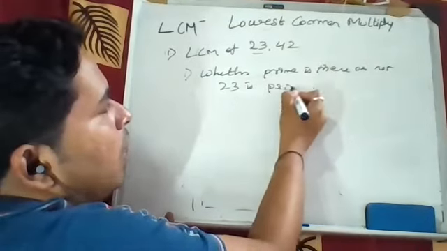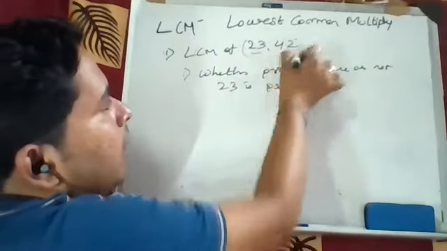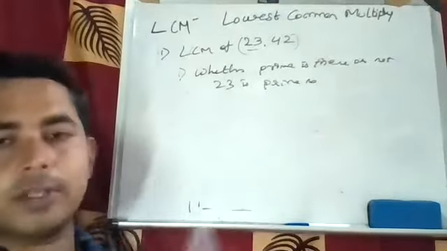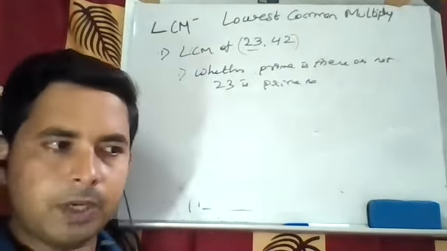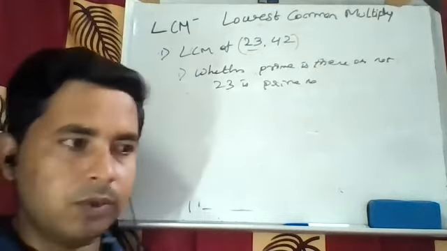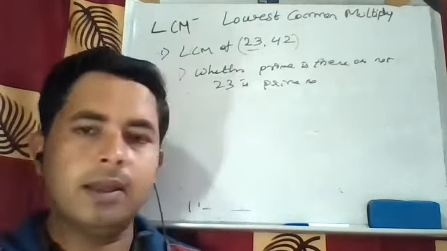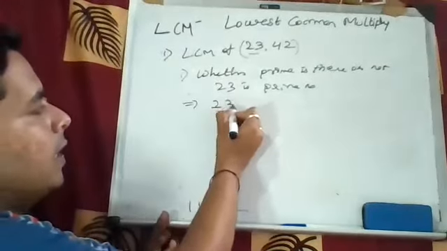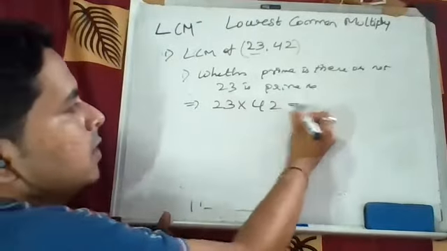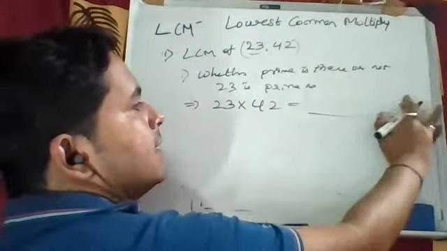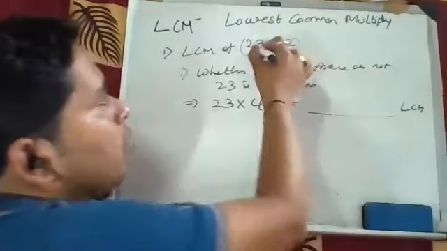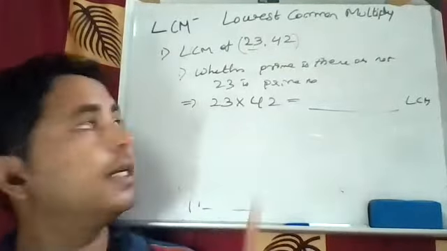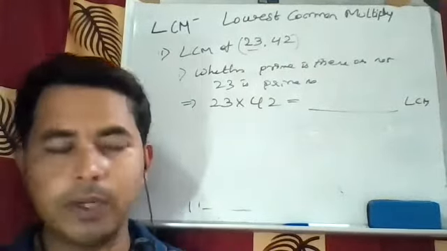Prime number. So if there is even one prime number in your group, then you can't move further step-wise. If there is even one prime number in your group, what you have to do is just multiply 23 and 42, whatever answer you get, that is your LCM. Okay, see, 23 is not divisible by any number. So in such cases, directly multiply both the numbers, 23 and 42.